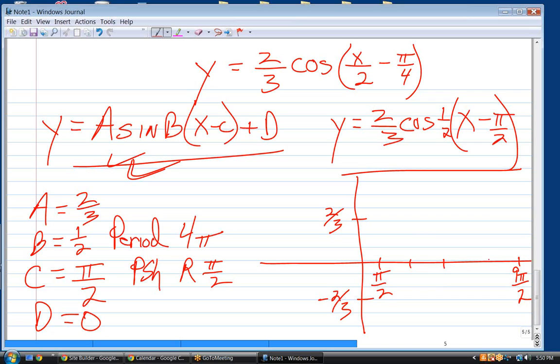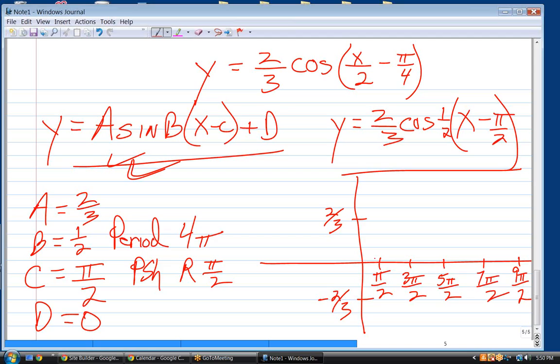What are these? If this is pi over 2 and that's 9 pi over 2, it's got to be 5 pi over 2. This is 3 pi over 2, and this is 7 pi over 2.